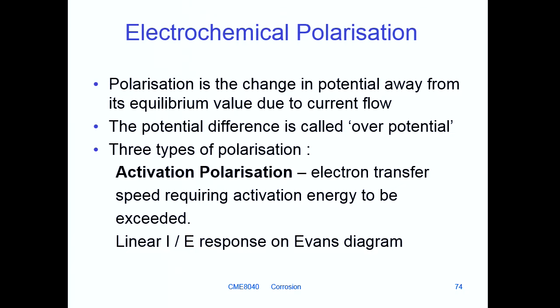So the overpotential quite often is given this Greek symbol, a sort of curly n, which is eta, and that value for this first stage of polarization relates to the activation energy for the electron transfer.